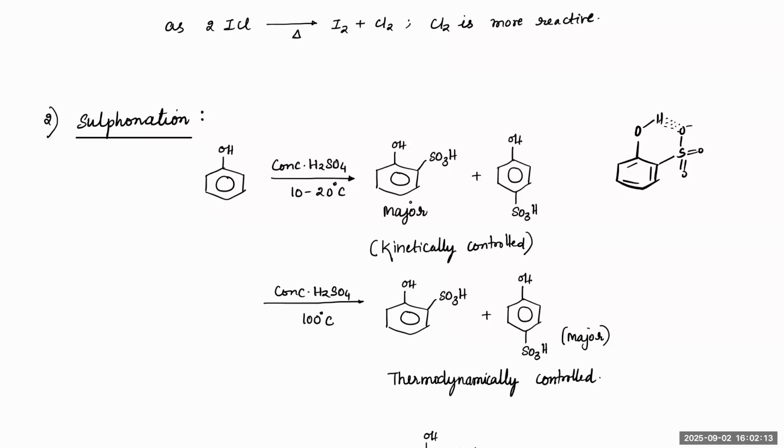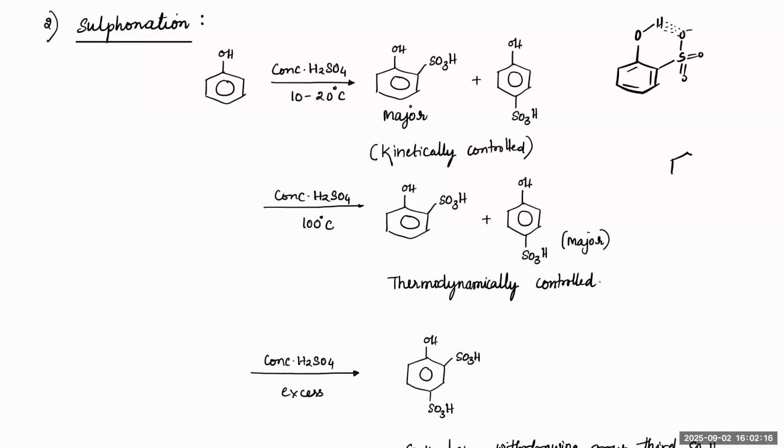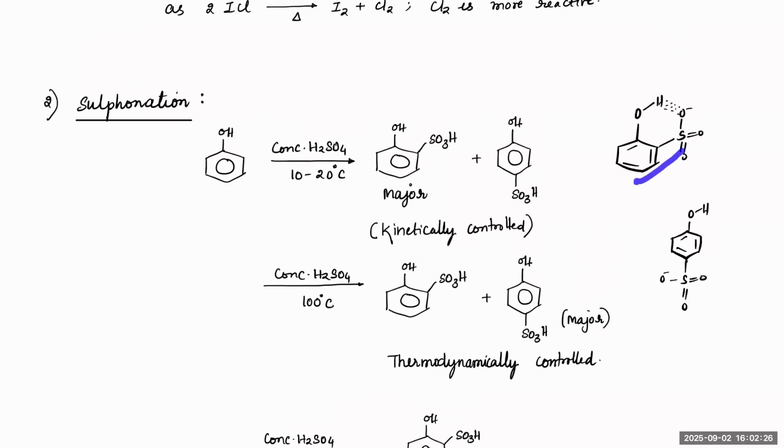Now compare this to the intermediate at the para position, with O and H, and S with O minus, double bond O and double bond O. Between these two, which intermediate seems to be more stable? This one, right? Now, a route where you have a more stable intermediate is called a kinetically controlled reaction.